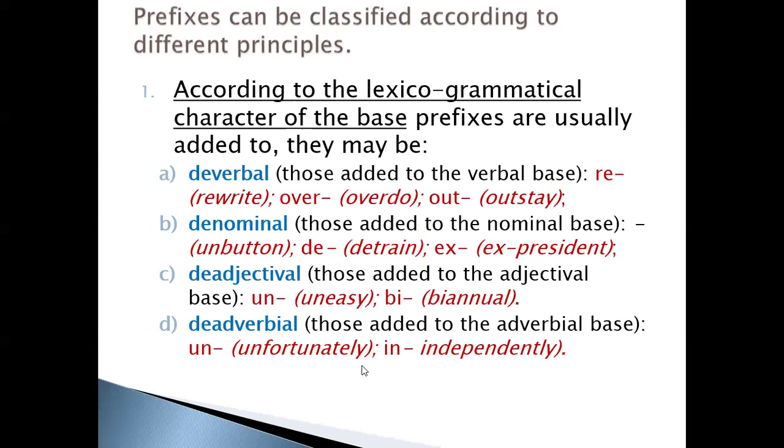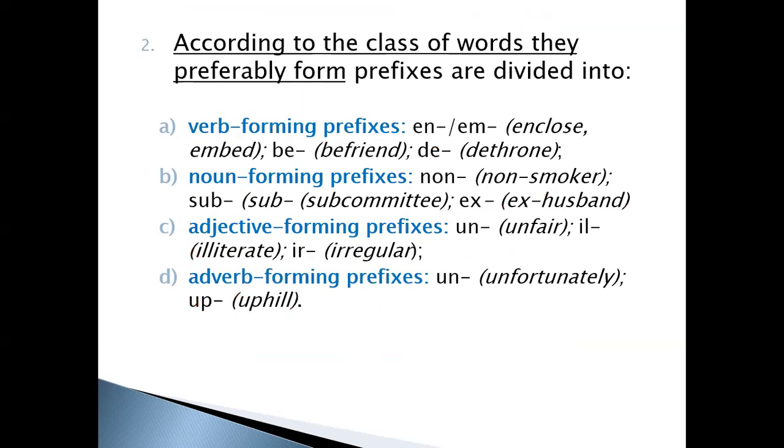According to the lexical-grammatical character of the base, prefixes are usually added: first, to verbal bases; second, nominal; third, adjectival; and fourth, adverbial. Verb-forming prefixes and others.